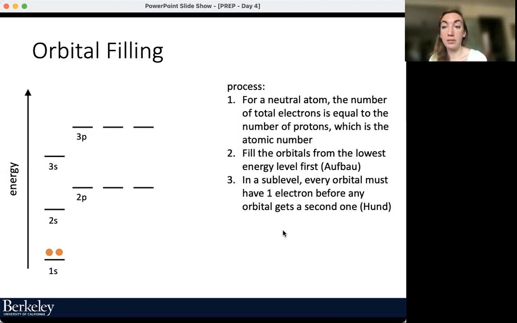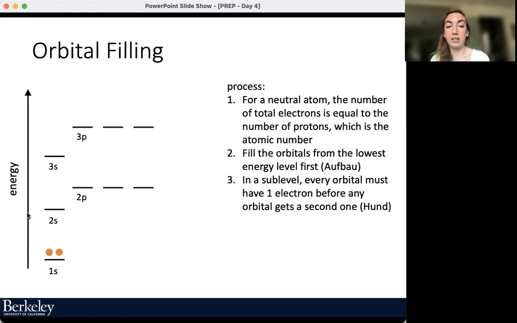Now, lithium has an atomic number of 3, so it has 3 protons and 3 electrons for a neutral atom. So where's that third electron going to go? I need to move into my second level now because my first level is full.